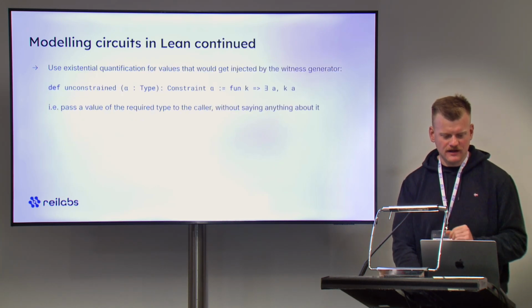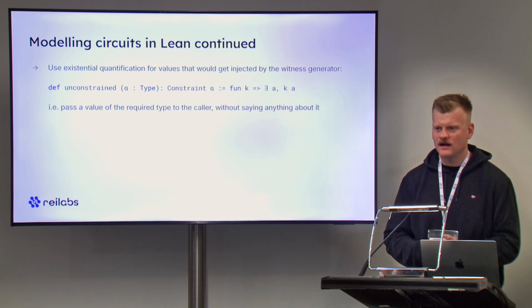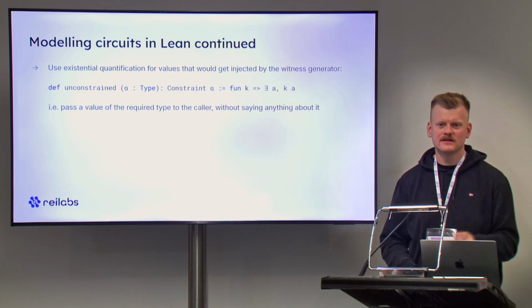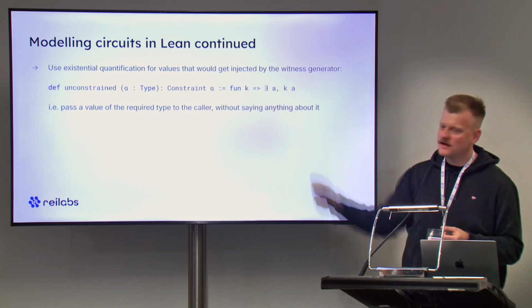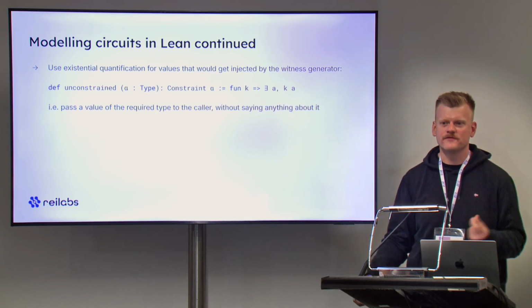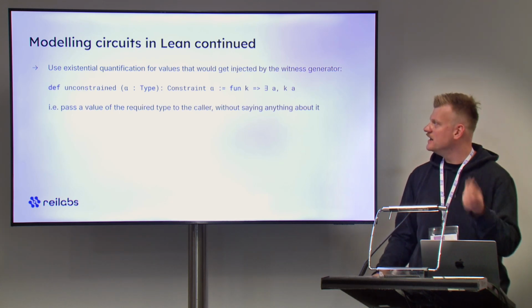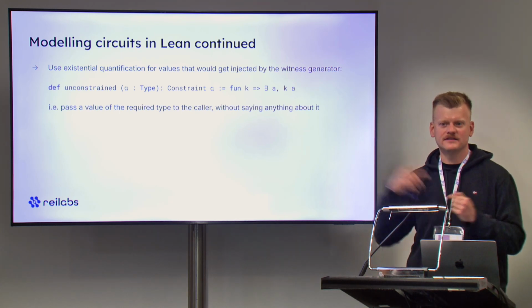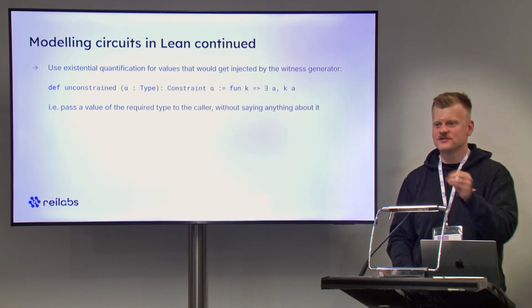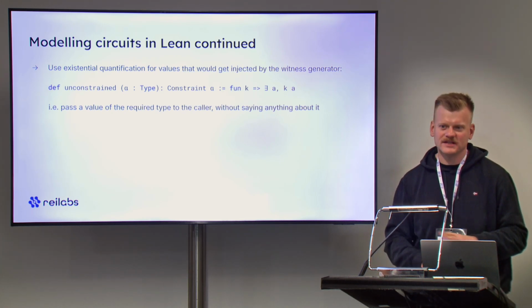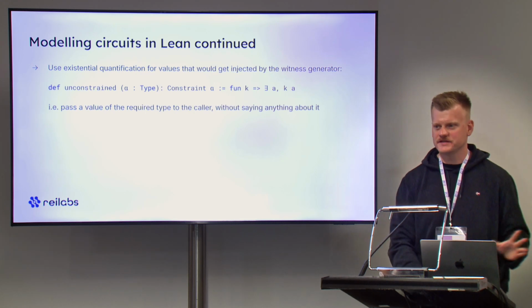And we will need two gadgets. One of them is unconstrained. And unconstrained is just using existential quantifiers to produce values out of thin air. I'm just saying that A exists and A will satisfy the later builder, or it will have to satisfy the continuation of the builder, the callback. But I'm not saying anything else about what A is.